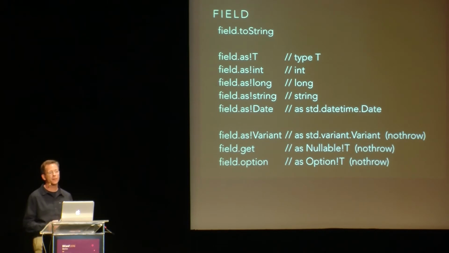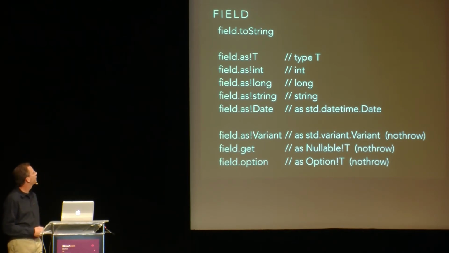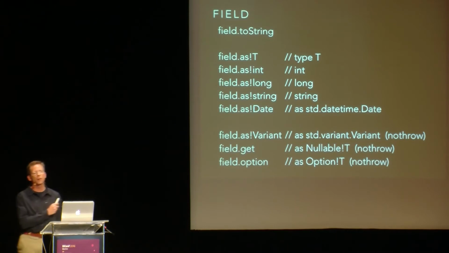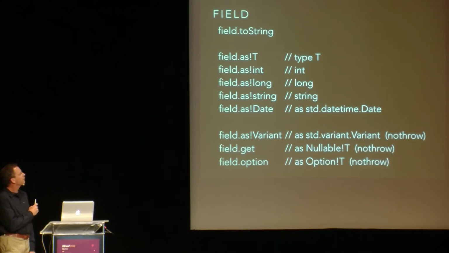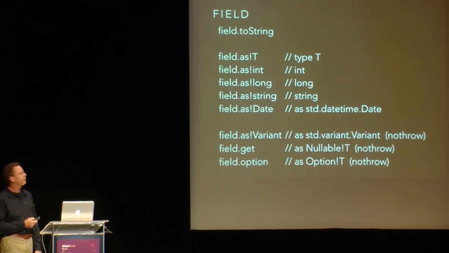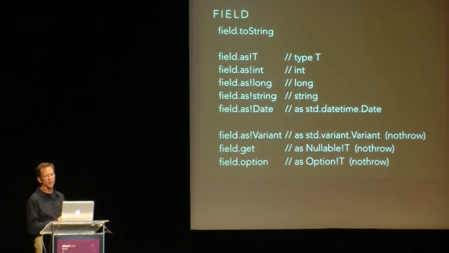Now, there are certain cases where it does not make sense, and those might throw. And in fact, there's another reason why this first set will throw, and the reason is nullability. Fields can be null in the database, and given this first set, the as set, if you try to query something that is null, it is going to throw.